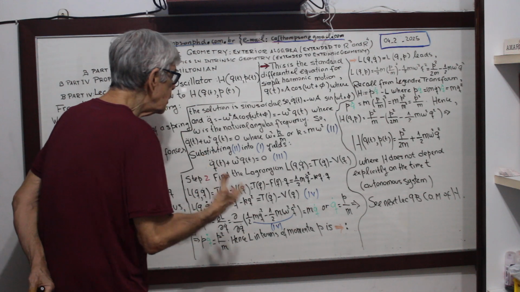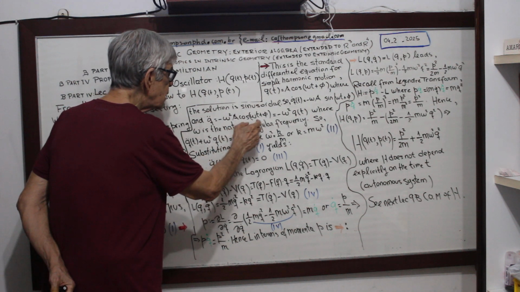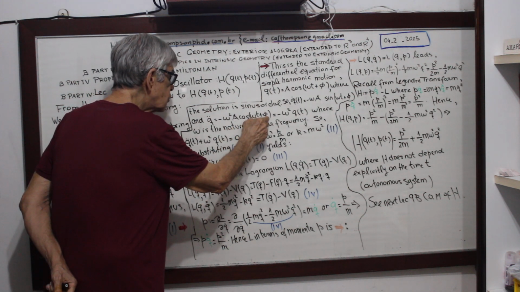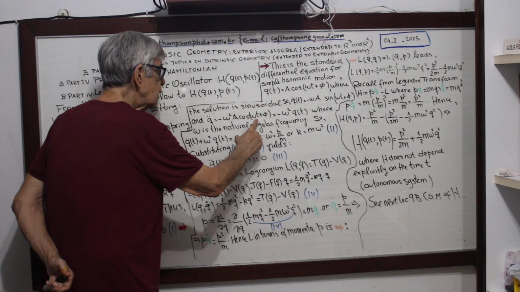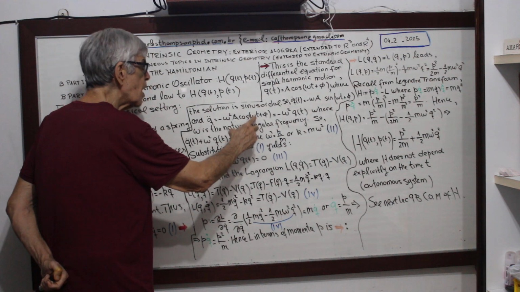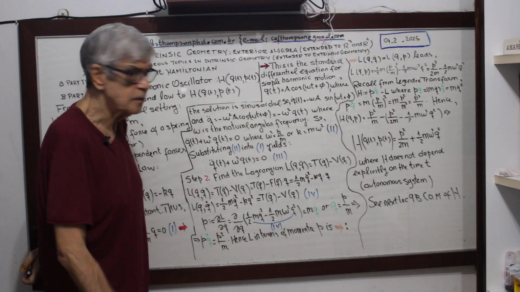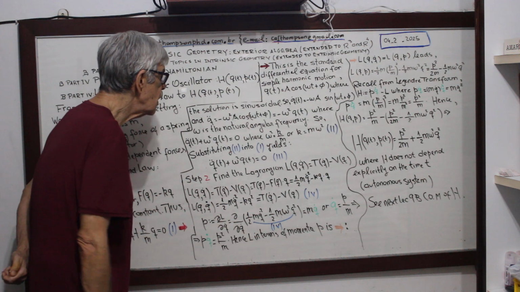You can see clearly that the term inside the cosine has no unit. So omega has the unit of 1 over time, which is frequency.